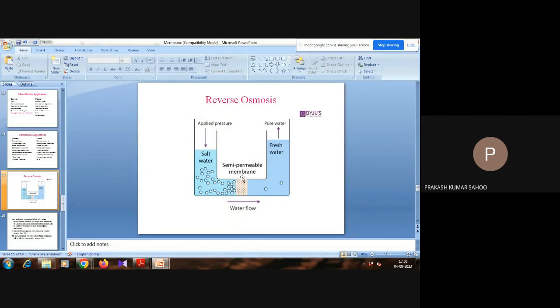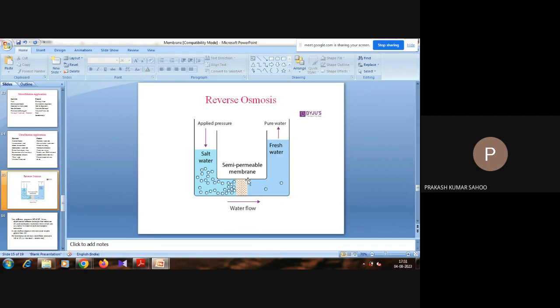It is a separation of the impurities present in the water on the left side, and pure water or trace water will be separated on the right hand side. So this is known as the reverse osmosis process, which allows only the solvent particles from the solution to get separated through a semi-permeable membrane.